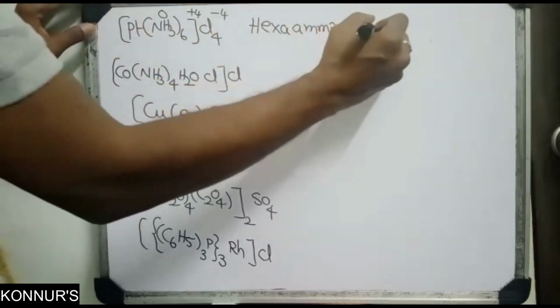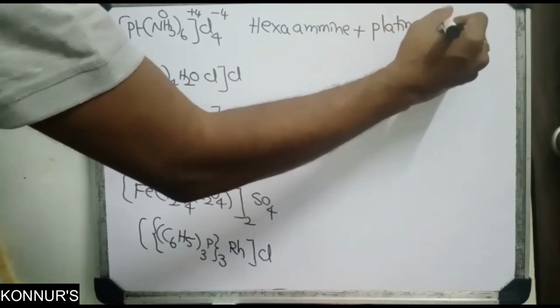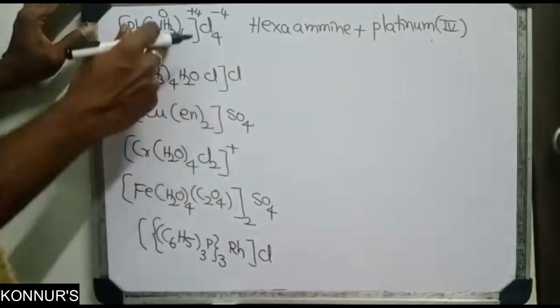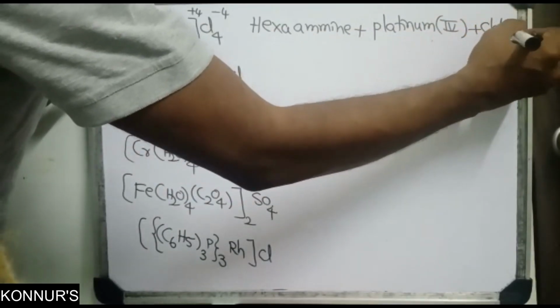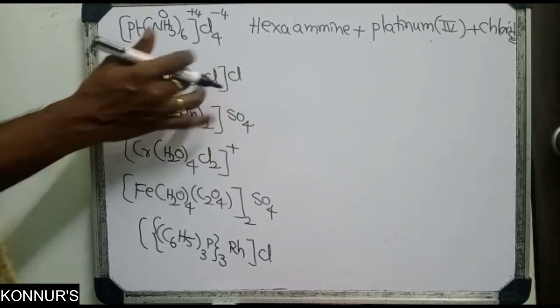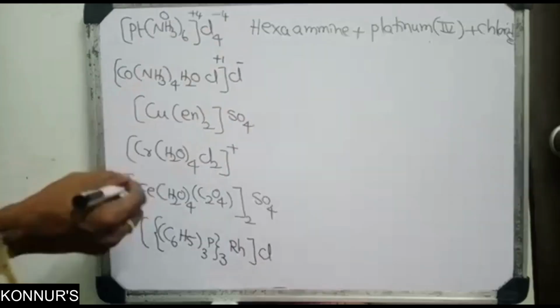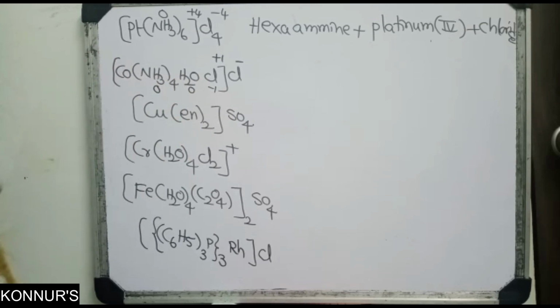So that's why platinum 4. Next the chloride. So hexaammine platinum(IV) chloride. So this complex sphere is positive. This is plus 1, this is minus 1. Chlorine is minus 1, 0, 0.